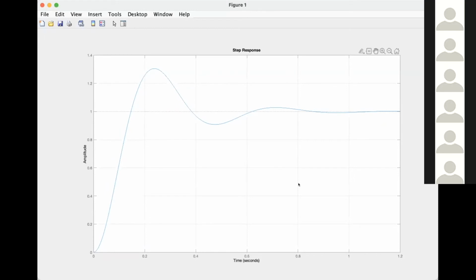Ehsan is here. So by looking at the graph here, what category is the second order response here? Underdamped, Doctor, because it oscillates. Right. Daniel?